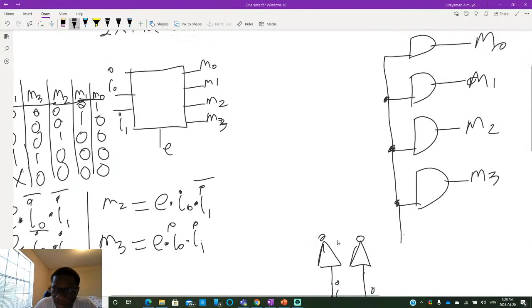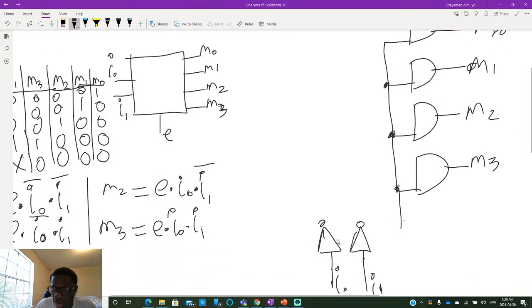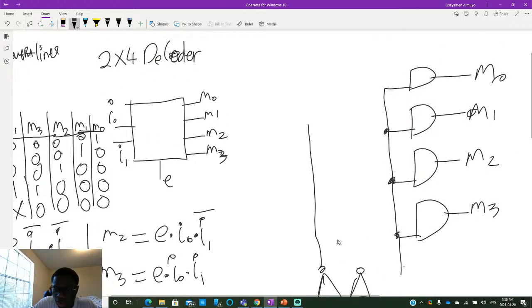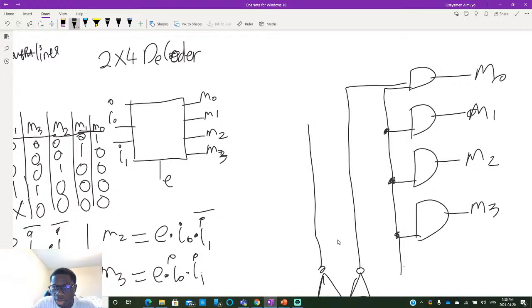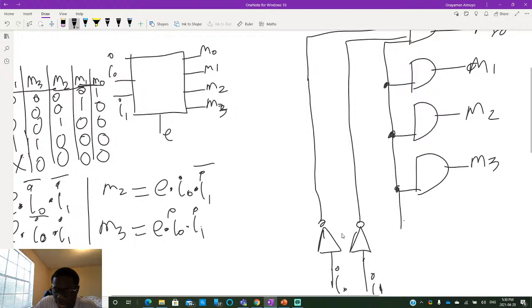So we have these going through. So this should come this way for the first midterm. And the next one is just I0 bar. So we're going to use this again, and then I1.